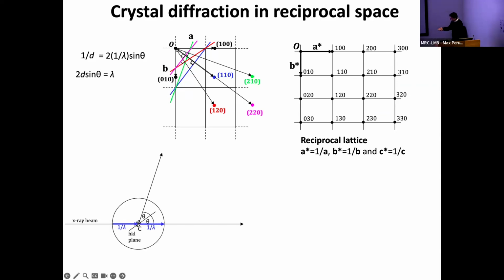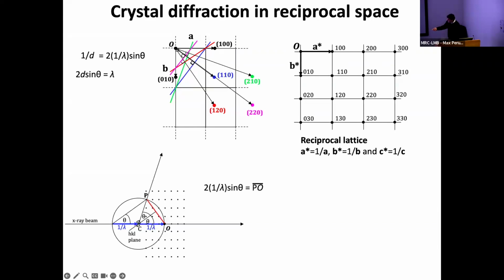Now, if we construct around the crystal a sphere of radius 1 over lambda in reciprocal space, and we apply our reciprocal lattice with the origin here, you will see that this point P lying on this sphere, the distance between O and P, will be the diameter, which is 1 over lambda times sine theta of this angle.